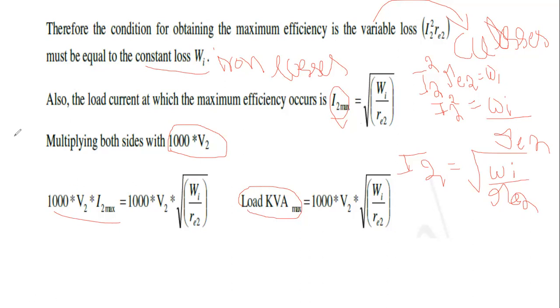Then we multiply both sides by 1000 into V2 and obtain the load KVA, which is 1000 into V2 into the square root of Wi by R2.